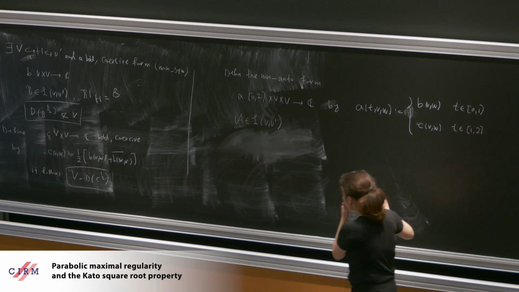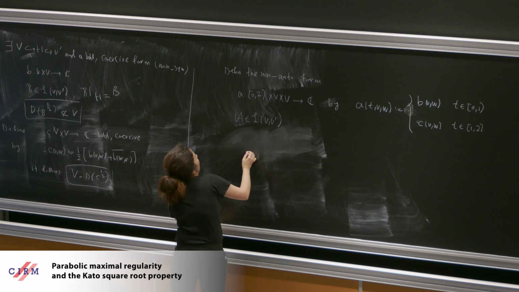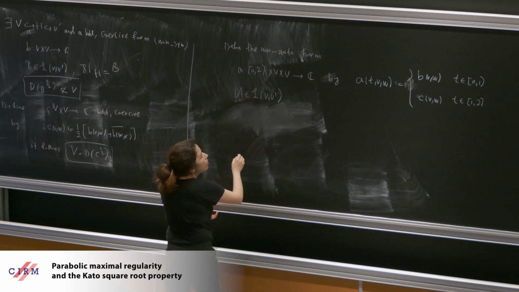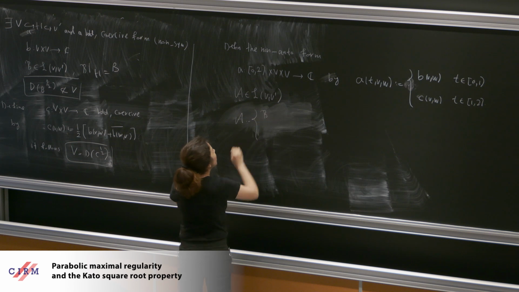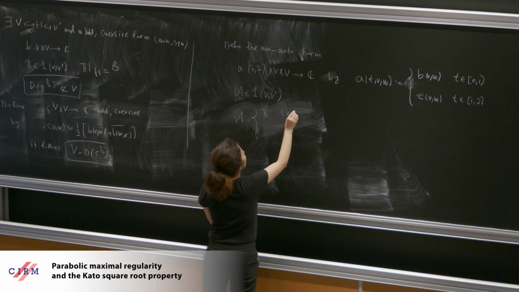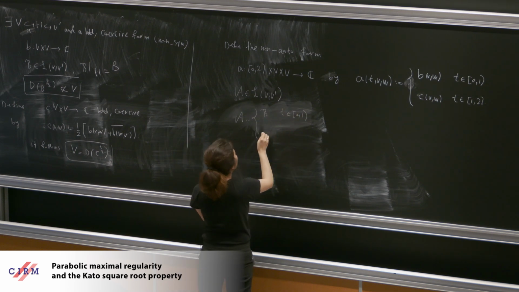So curly A will be the same as curly B for the time between 0 and 1, and the same as curly C afterwards.